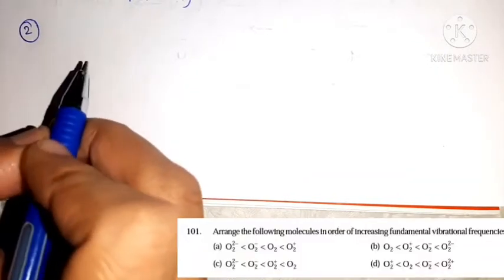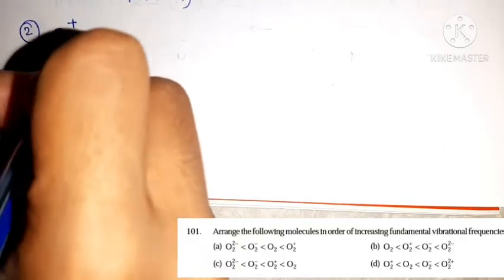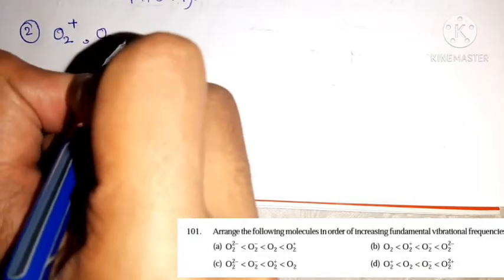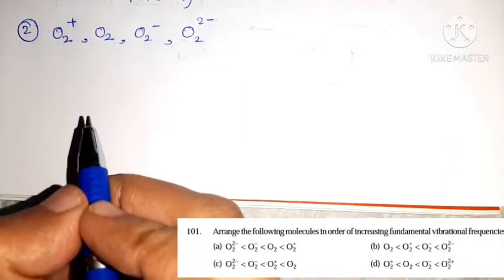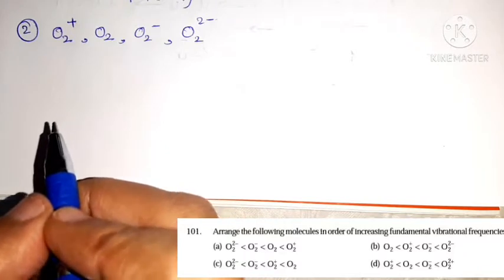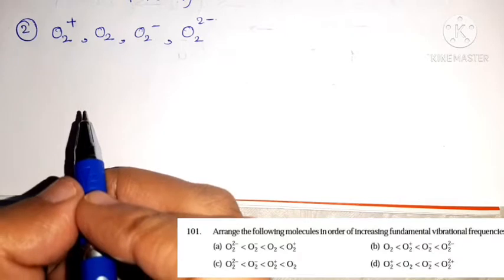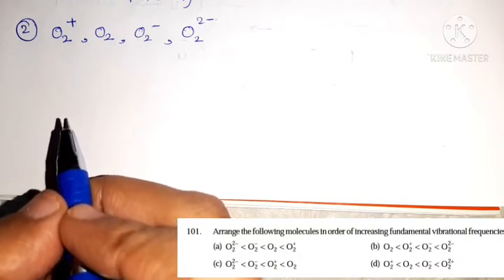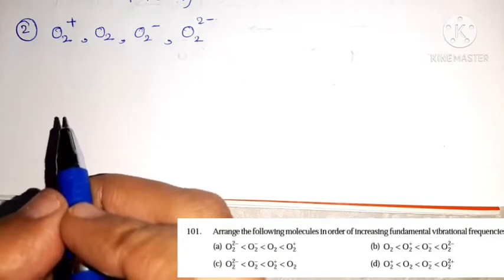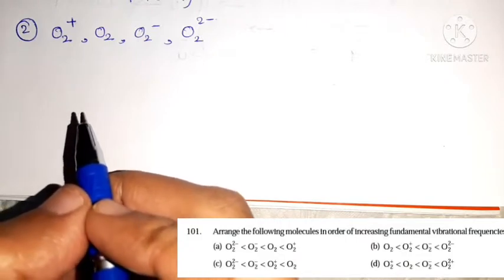Now see friends, in the question we have four molecular species of oxygen, that is O2+, O2, O2- and O2 2-. This question is directly related to bond order. When you know the bond order of any species, you can find its vibrational frequency order or stretching frequency order. And what is the relation between stretching frequency and bond order? They directly correlate with each other.